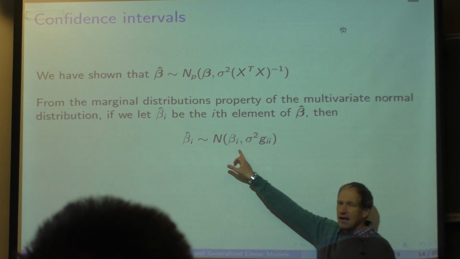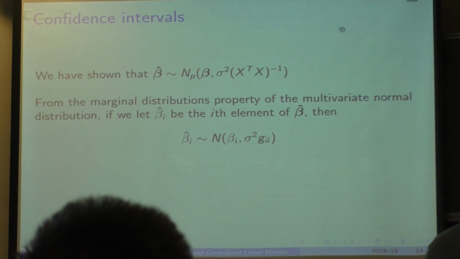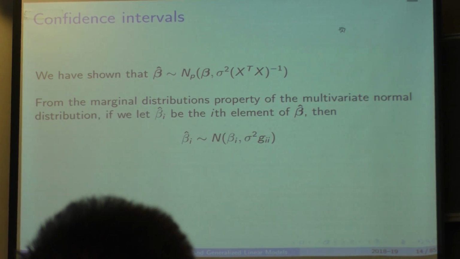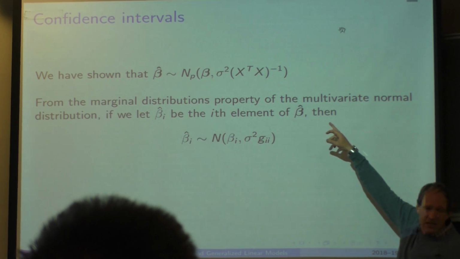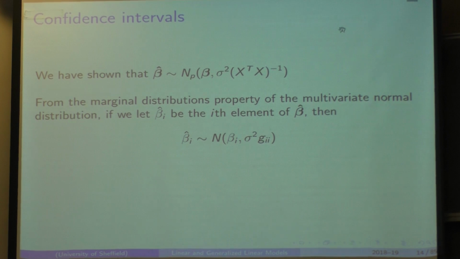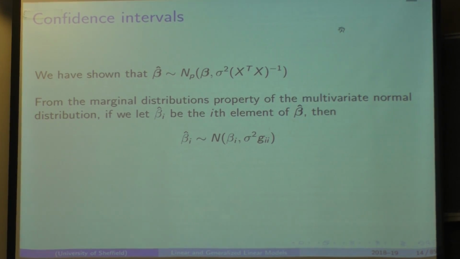So beta hat i has a normal distribution with mean beta i, which is unknown, and its variance is sigma squared times G_ii. Now G_ii I haven't defined yet, but it's going to be the ii element, the diagonal element, of the matrix which is the inverse of X transpose X. So sigma squared times G will be the matrix which appears as the covariance of beta hat at the top.